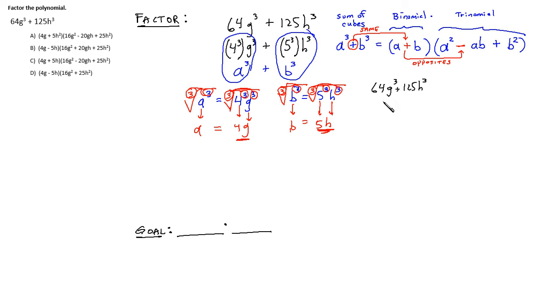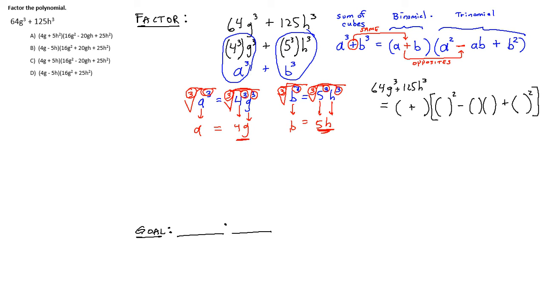It's going to factor as a plus b times, maybe we can do it even like this, take a and square it, minus a times b, plus take b and square it. This will form the trinomial factor.